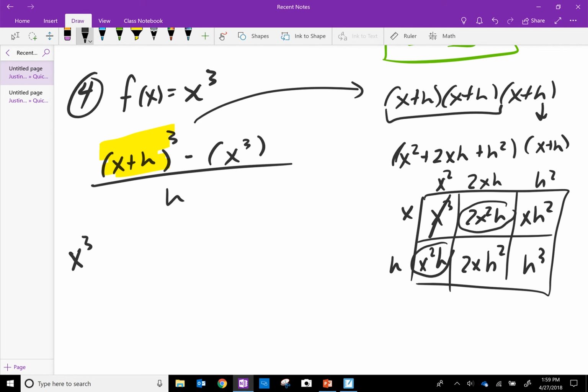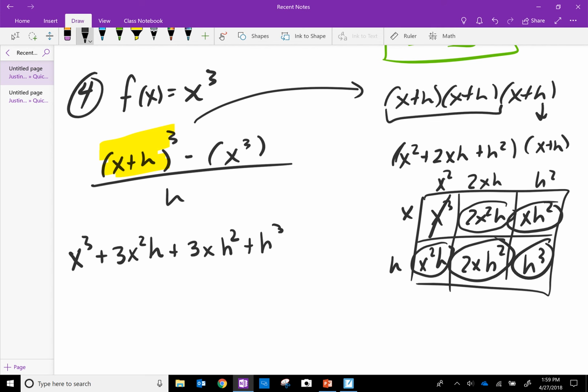These will combine to be a 3x squared h. These combine to be a 3xh squared. And I've got h cubed. So that all right there is the expanded form of f of x plus h.